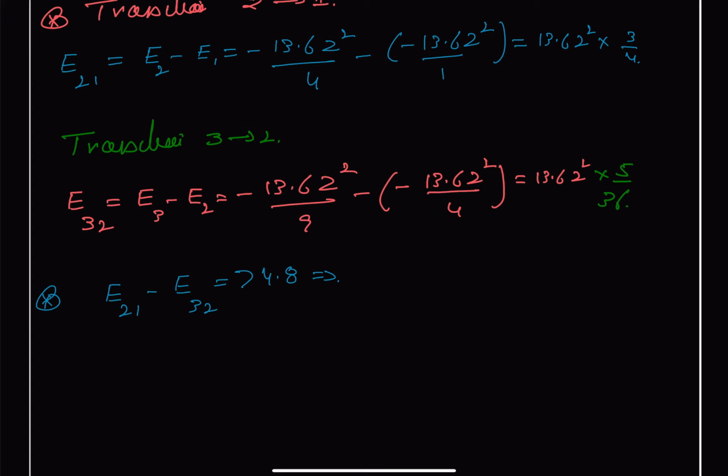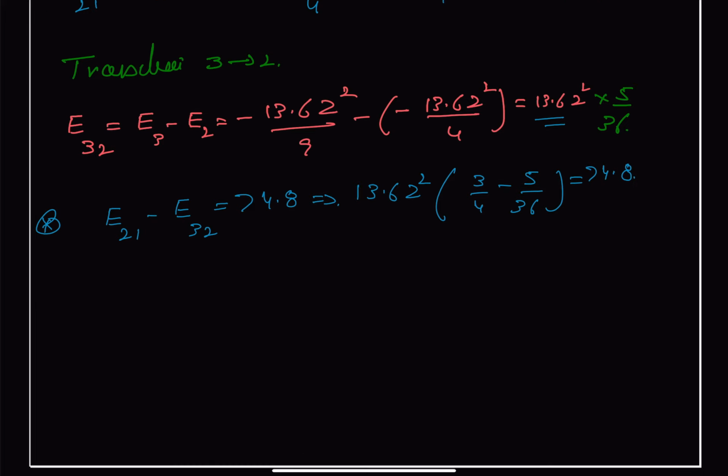We can take 13.6 as common from both. We get 13.6 Z square, and we are left with 3 by 4 minus 5 by 36 is equal to 74.8, and 36 will be the LCM, so this becomes 27 minus 5, and 27 minus 5 will be equal to 22 upon 36.